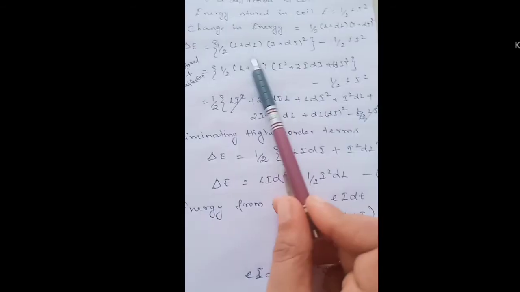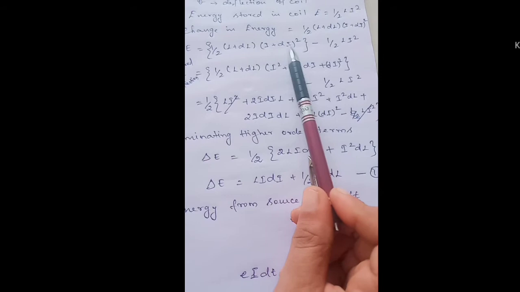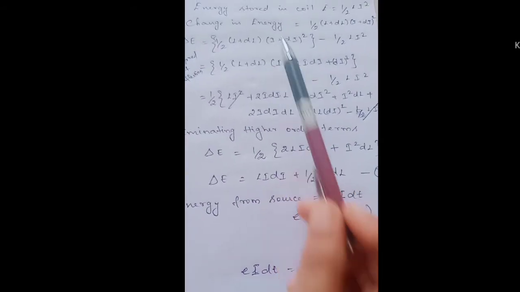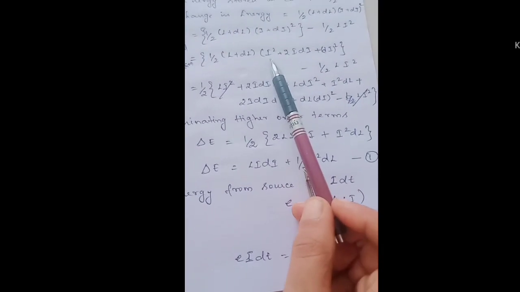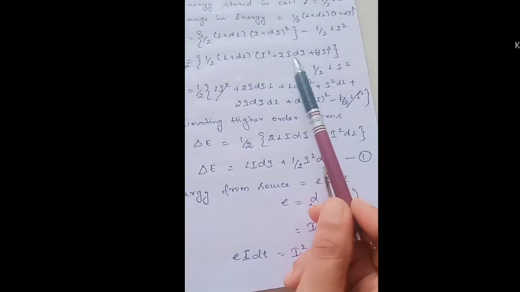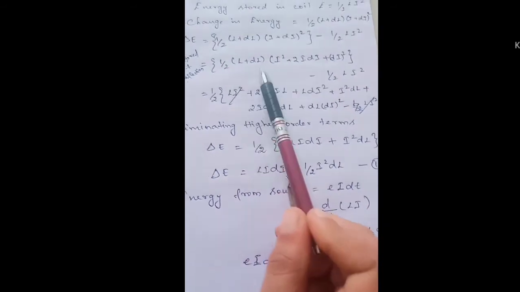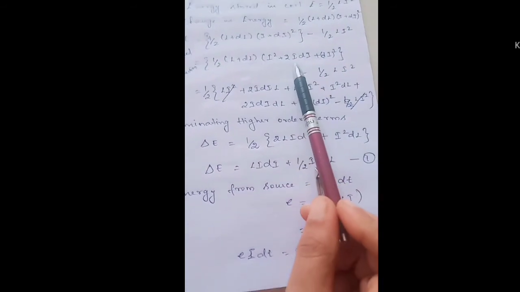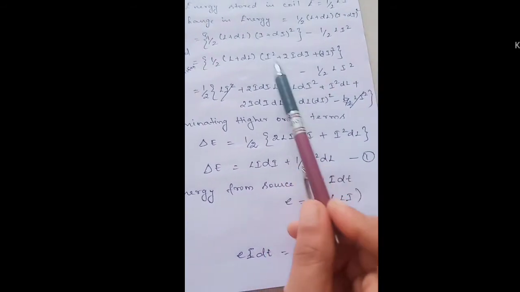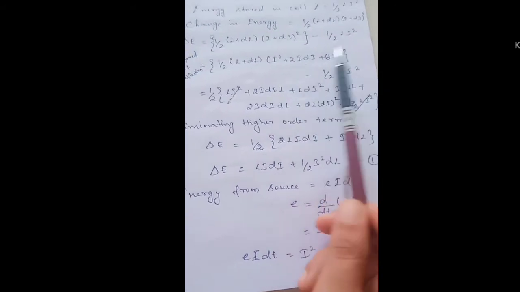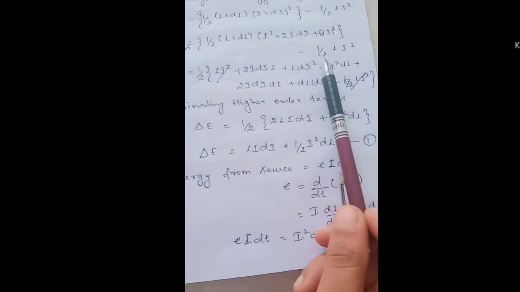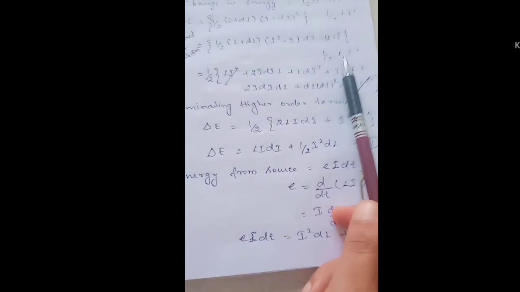I am expanding this equation. Since it is in the form of a plus b the whole square, I have expanded it in the next step as I square plus 2I dI plus dI square. The other things remain the same.